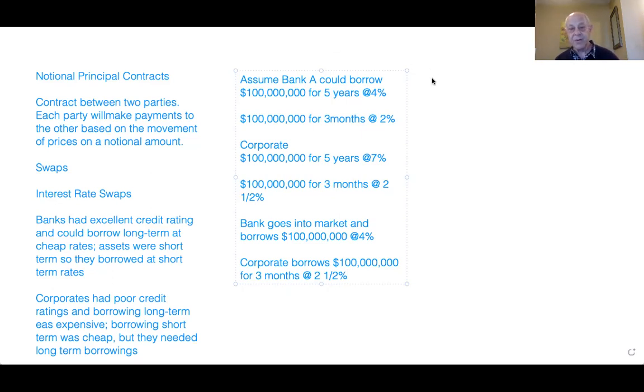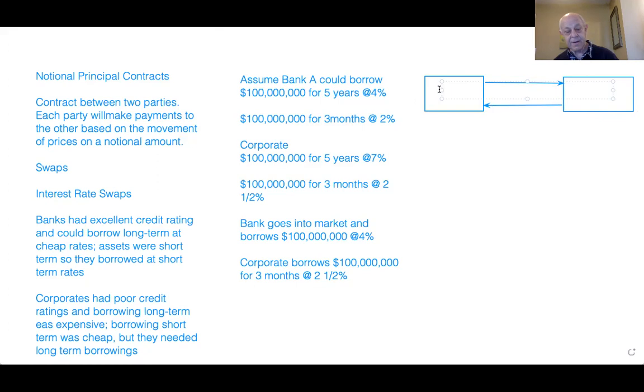So what they do is they then enter into a contract with each other. So we have the bank and we have the corporate, and they enter into a 5-year contract with each other. All right, let me label everything.